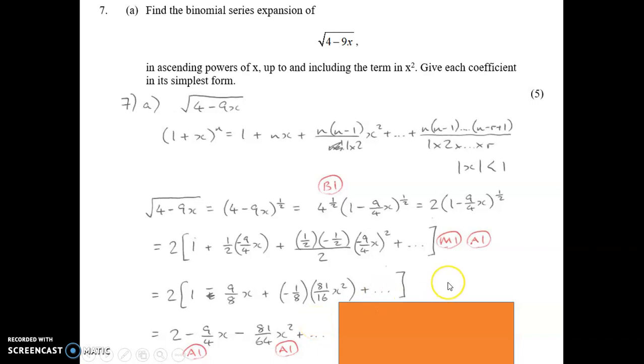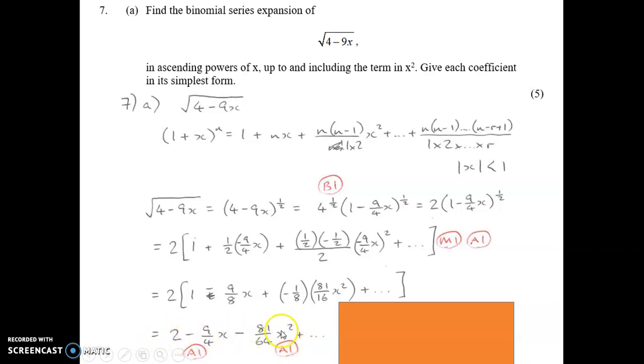There is a way of checking these binomial expansions, because if we substitute some value into this form of the expression and also substitute it into this approximation, then the answers should be similar. Not necessarily the same, because this is only an approximation.